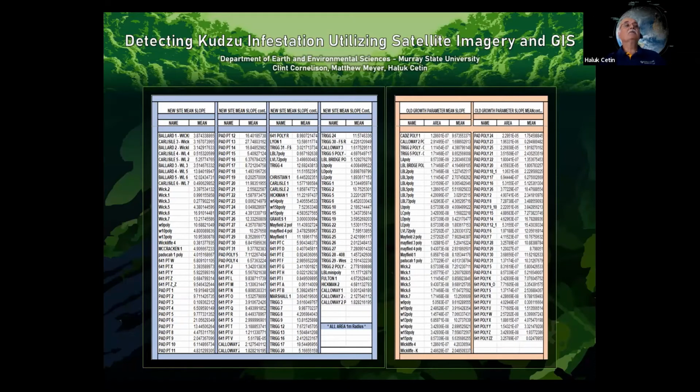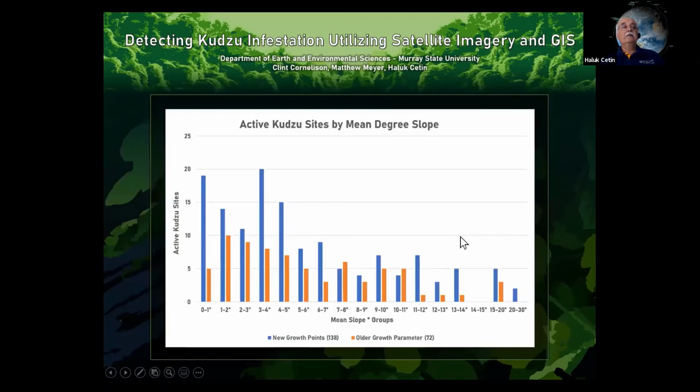For all the confirmed sites, we looked at very detailed slope values, based on new versus older growth areas. New growth is in blue color.